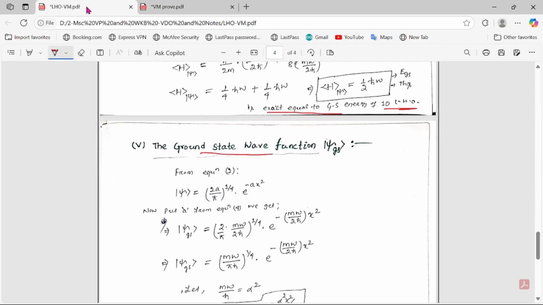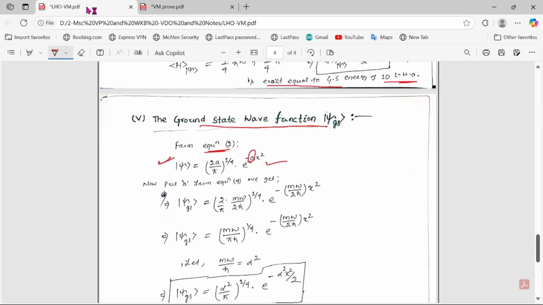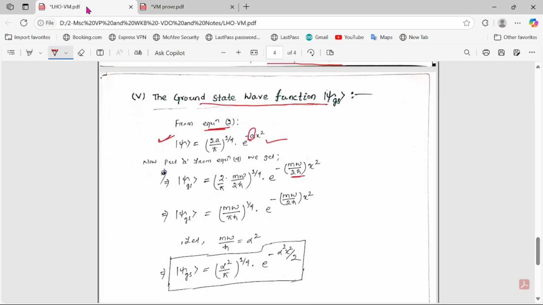So what will the ground state wave function be? Here the trial wave function after normalization, from equation number 2, we found this one. Now we have to put the value of a. The value of a is nothing but mω by 2ħ. So by substituting this value, this will be your ground state eigenfunction of the linear harmonic oscillator.